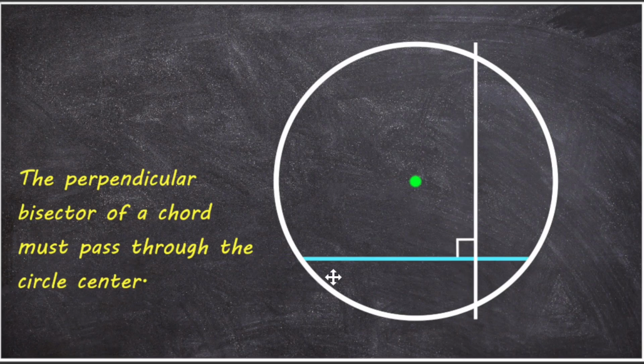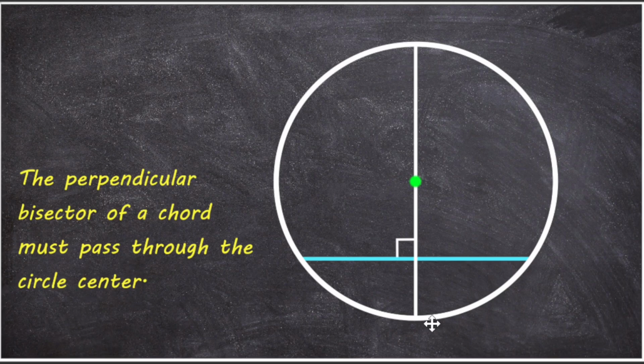Therefore, if the length of the chord on one side of the perpendicular is not the same as the length on the other side, we can see that here, the only way that the two ends of the chord can be at the circle's edge is if the perpendicular line is not passing through center. So a line that is not a perpendicular bisector of a chord does not pass through the circle center.